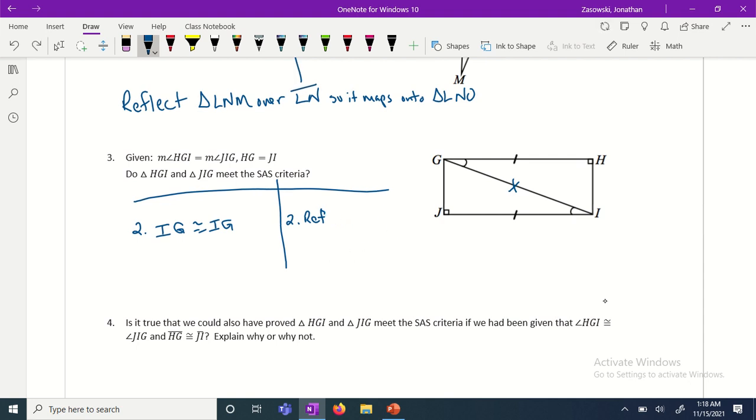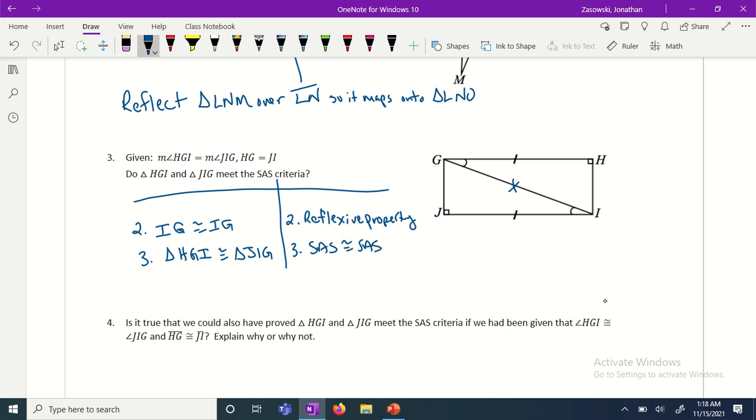Let's go back and fix that. Reflexive. Okay, and then do we have enough to say the triangles are congruent now? We do. So triangle HGI is congruent to triangle JIG, and that's side angle side, congruent to side angle side. All right.